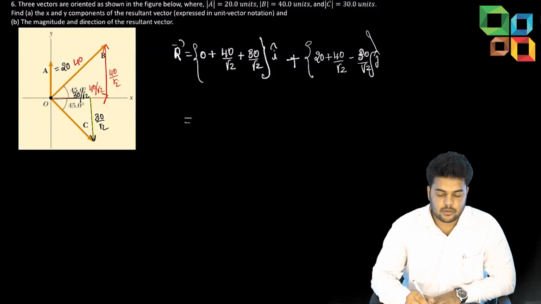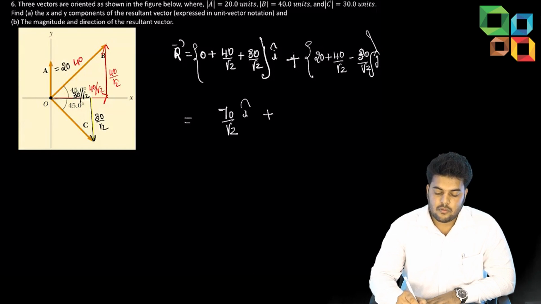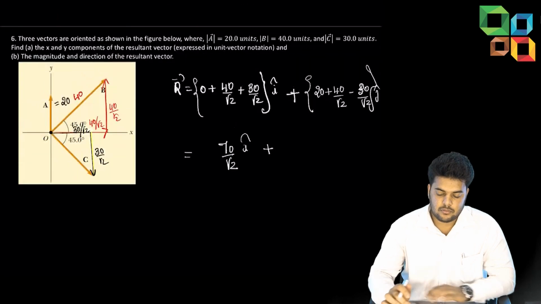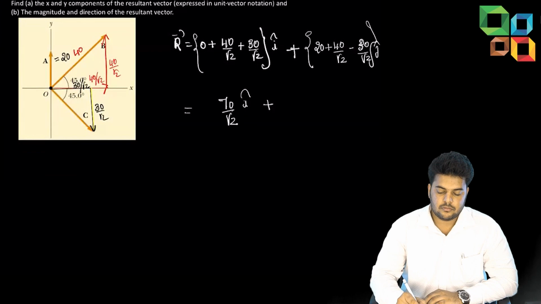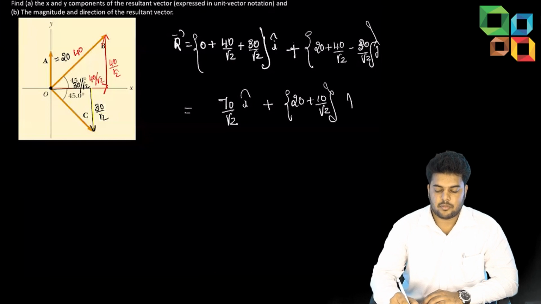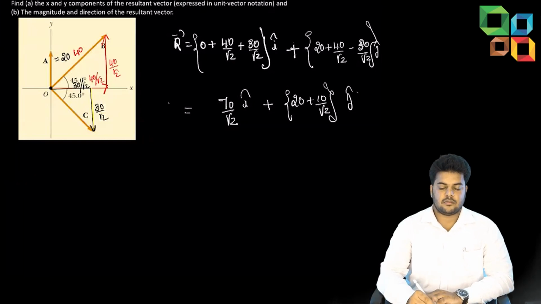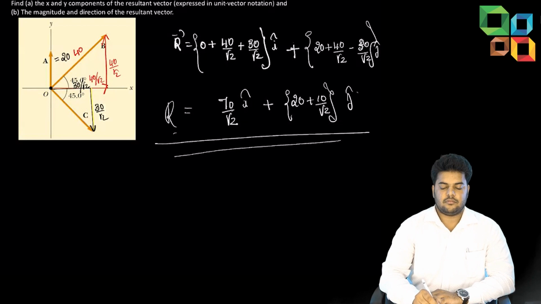That is 40 by root 2 minus 30 by root 2, which is 10 by root 2. And we have 20 plus 10 by root 2, j cap. And this is your answer. Done.